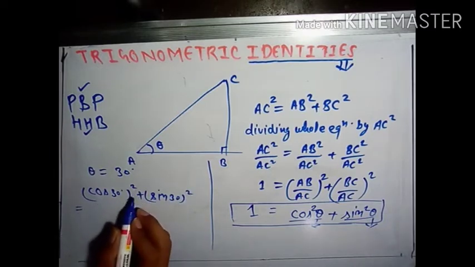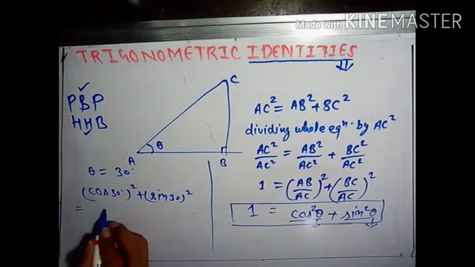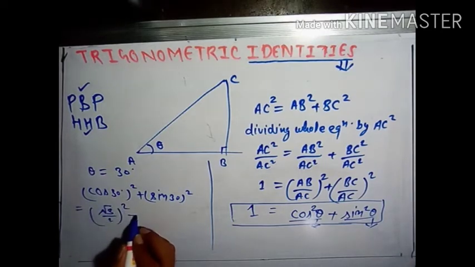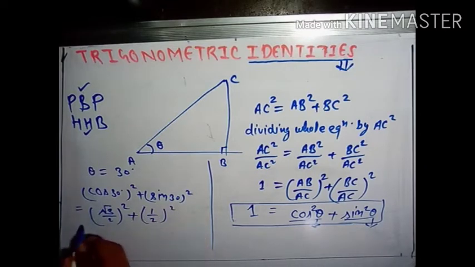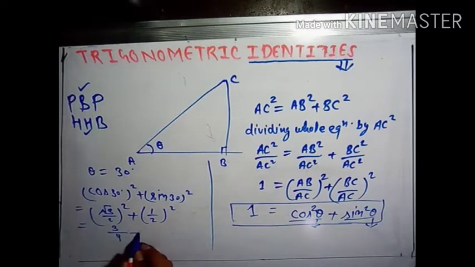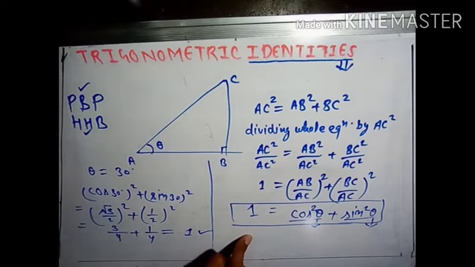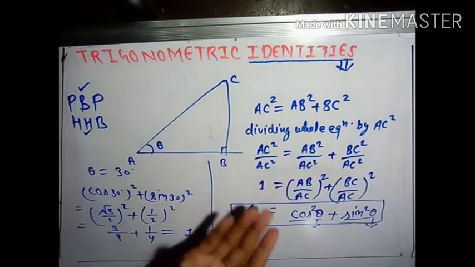Cos 30 degree is equal to root 3 by 2 whole square, and sine 30 degree is equal to 1 by 2 again whole square. So 3 by 4 plus 1 by 4, this is equal to 1. Wow, we did it. The value is exactly equal to 1. So this verifies that this identity is true, and obviously this must be true because we have derived it.